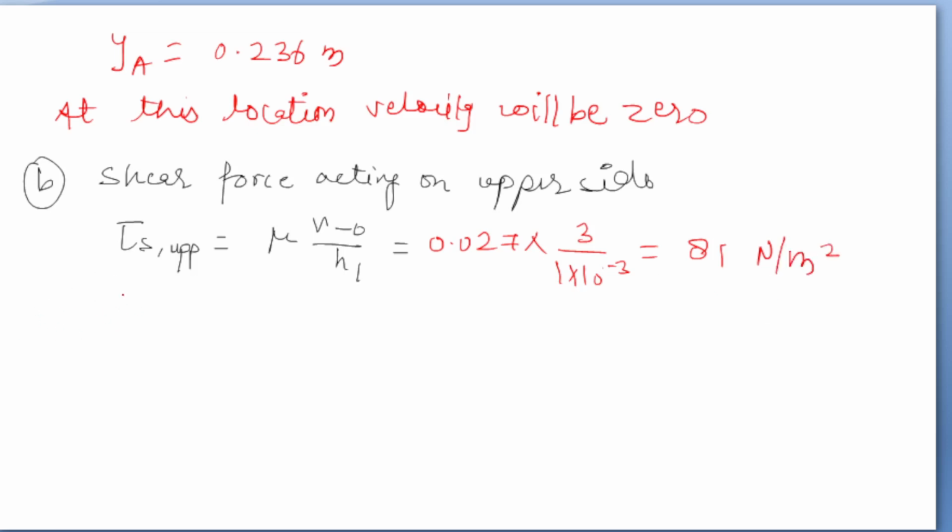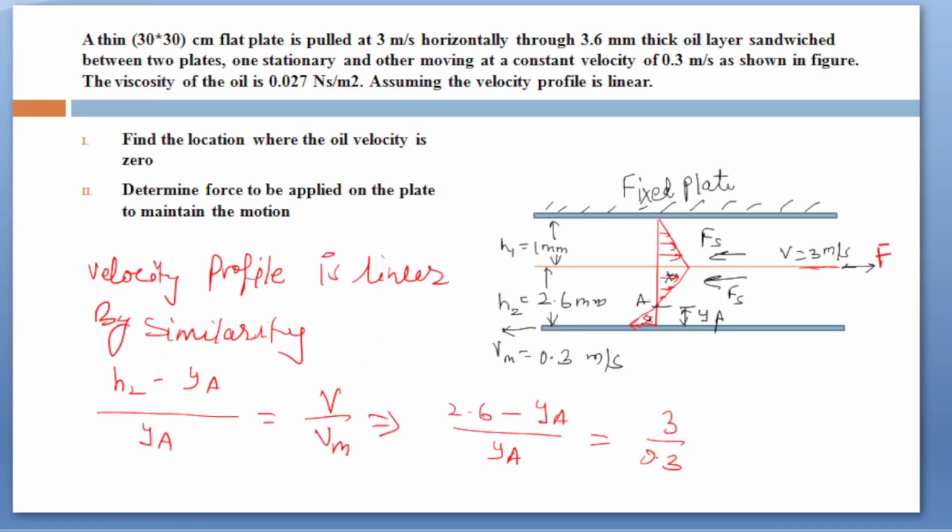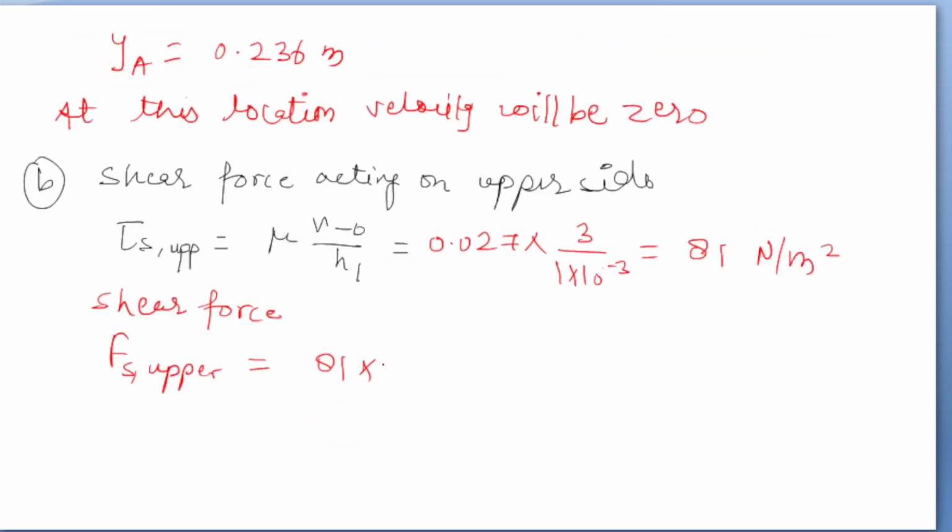So the shear force on the upper side Fs is 81 into area, which is 0.3 into 0.3, this is 7.29 Newton.